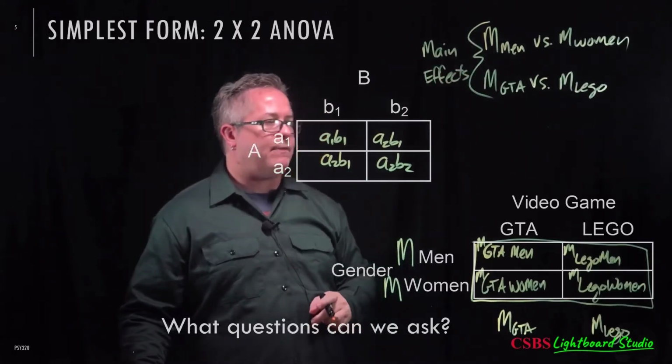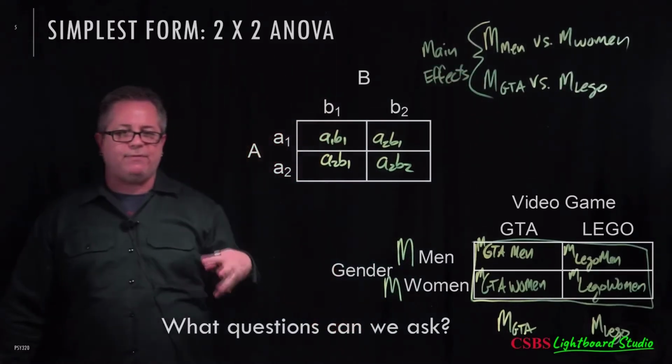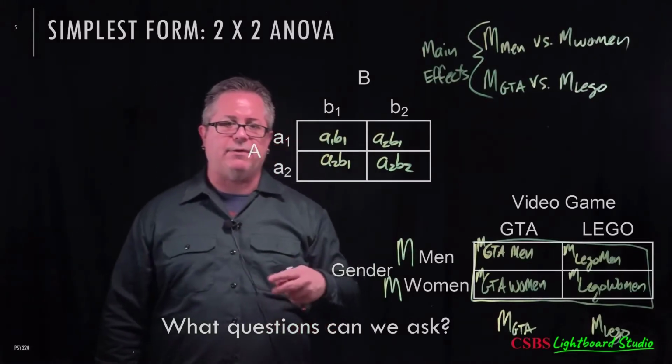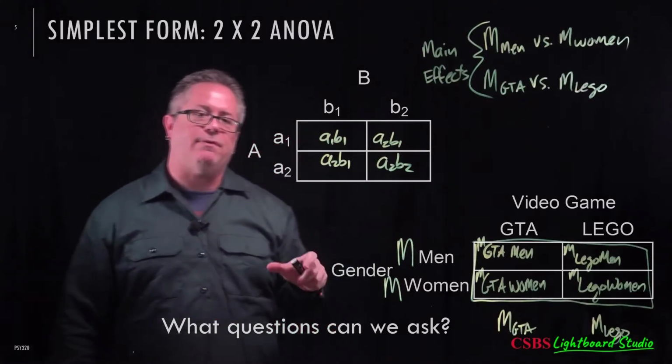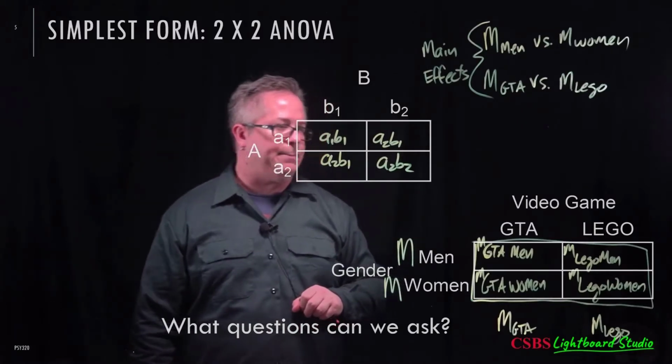These are the main effects. They're testing each of the IVs separately. Right? You're getting an idea of the main effect of gender, the main effect of video game.